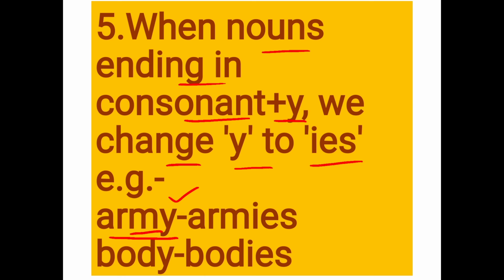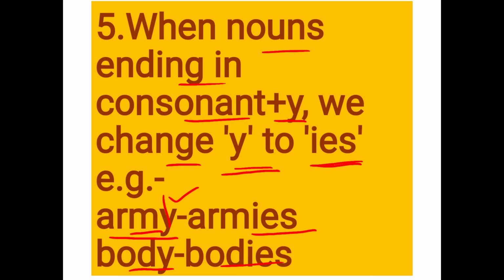We know that we have 26 letters in the alphabet, and out of those 26, 5 are vowels and 21 are consonants. When nouns end in consonant plus y, we generally change y to ies. It means we will drop y and add ies. So plural of army will be armies.